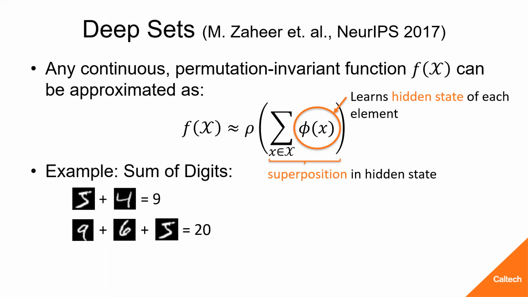Of course, the hidden state in practice might be a higher dimension than your input space, which is not the case for the simple digits example, but in real-world examples, that's how it would be. Then you have an outer function that learns the aggregation of the hidden state. In this case, it's easy, it really just sums up. But for more complicated hidden states, that aggregation might be much more difficult.